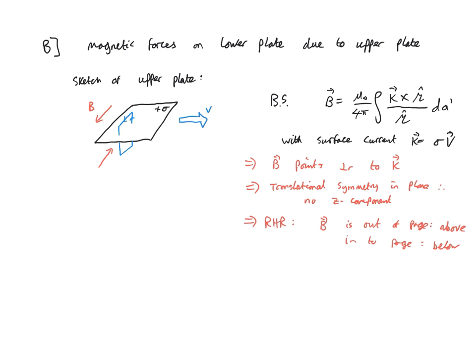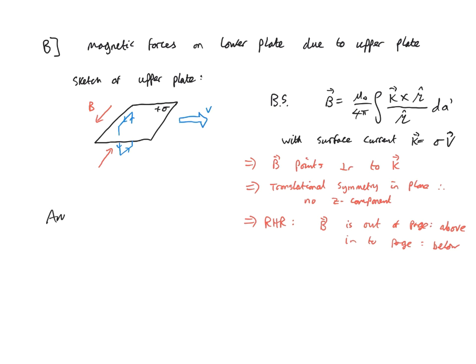So let's imagine that we take this little path here. The vertical components are not going to contribute, and the horizontal components are parallel with the magnetic field, and also it's constant because the only dependence that the magnetic field can have must be depending on the distance from the plate.